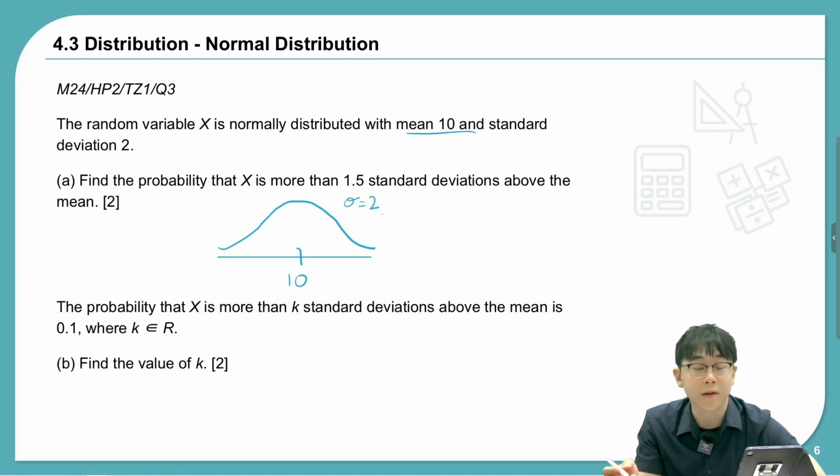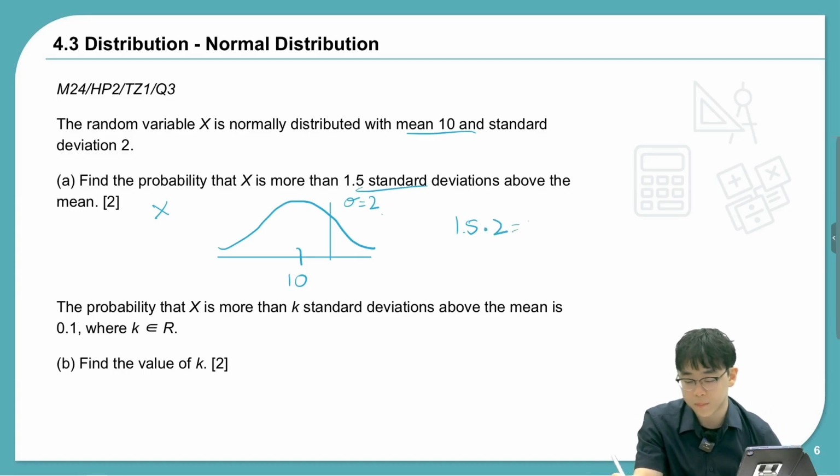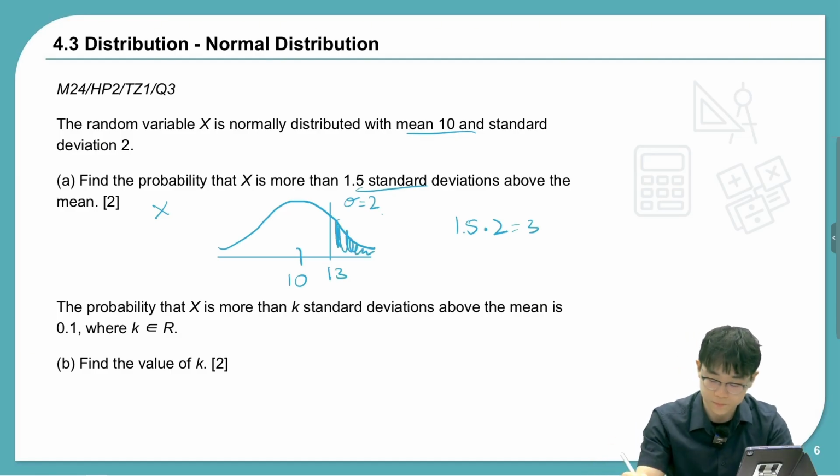And we want to shade in the area that we want. So if this is the distribution for x, we want the probability where x is greater than 10 by 1.5 standard deviations. So 1 standard deviation is 2, 1.5 standard deviations would be 3. So we would have 13. So shade in the area to the right of 13 and we're good to go.